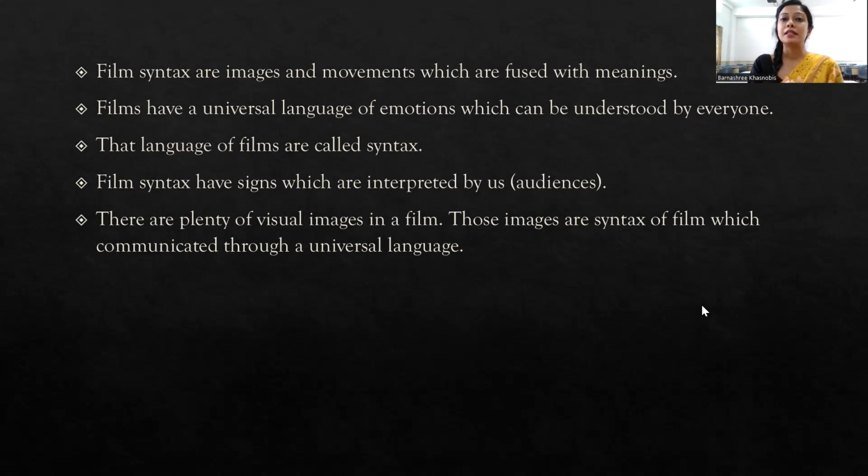Syntax is the arrangement of the sequence of events in a film. Syntax is the arrangement of signs in a film. Signs, symbols, images are signs, isn't it? Images are signs.